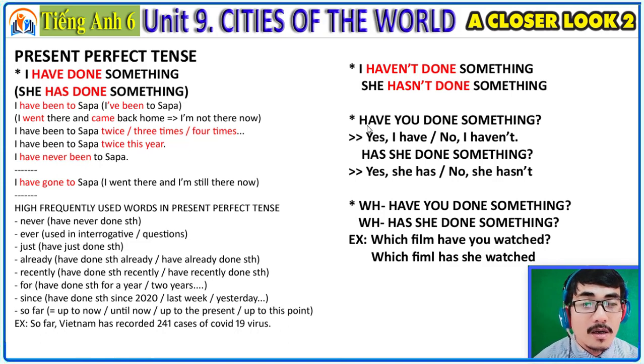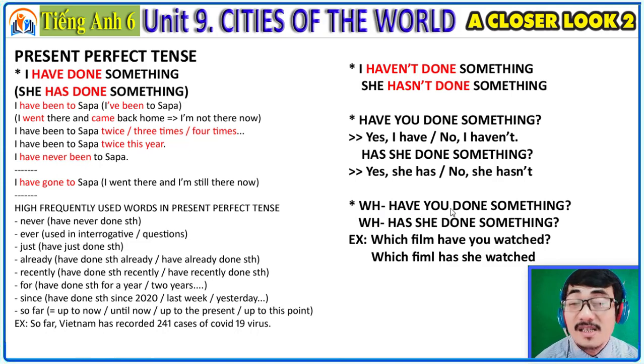Okay. And in question or interrogative, have you done something? Has she done something? Yes, I have. No, I haven't. Yes, she has. No, she hasn't. In questions with a question word, we put the question word at the beginning, for example, why, how, where, when, what.